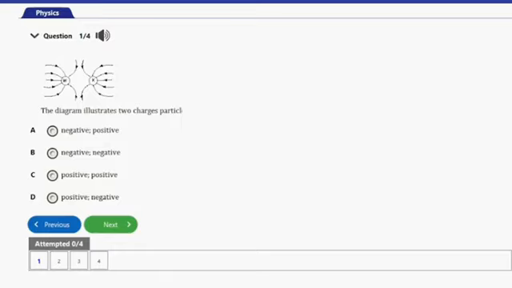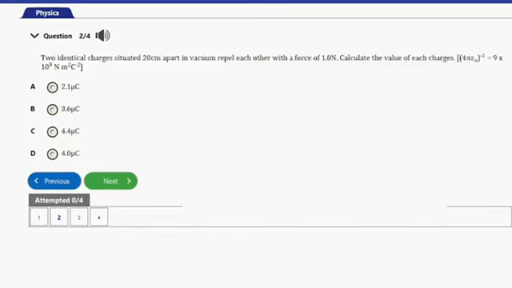Let's go ahead and consider the next question, that's question number 2. It says 2 identical charges situated 20 cm apart in vacuum repel each other with a force of 10 Newton. Calculate the value of each charge.